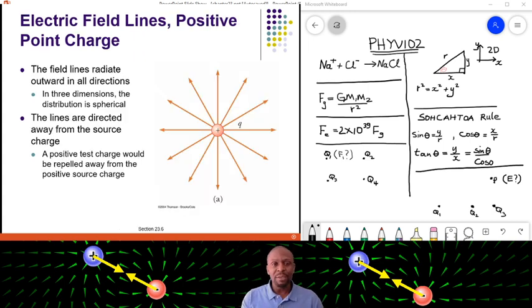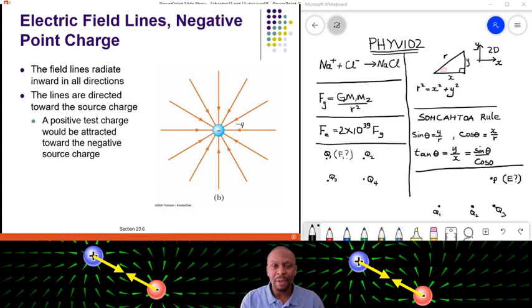Now, for the positive charge, this is what you know from your high school. The field lines radiate outwards in all directions. So the lines are always directed away from the source charge. A positive test charge will be repelled away from the positive source charge.